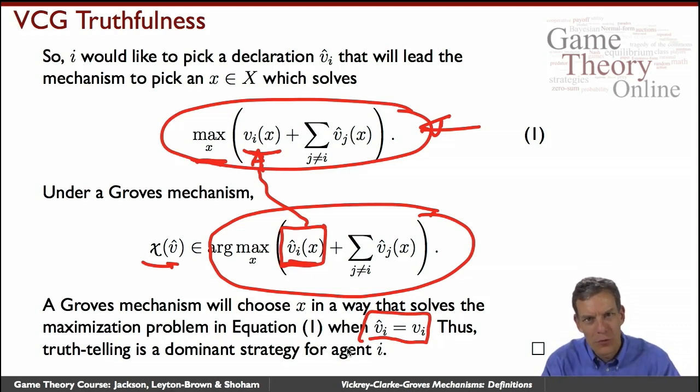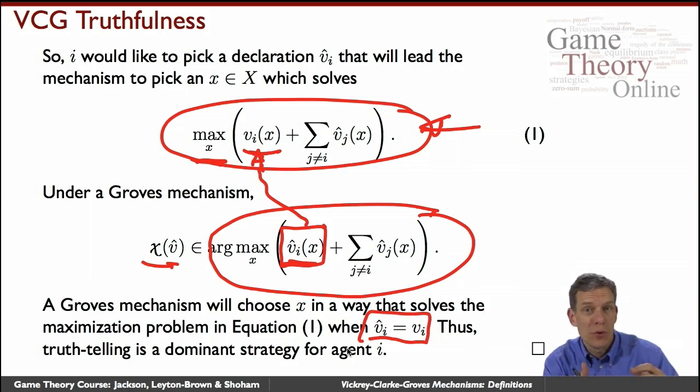So it takes a while to go back through this and convince yourself it's true. But the basic idea here is that the payment a given individual has is essentially what everyone else's announced utility function is.